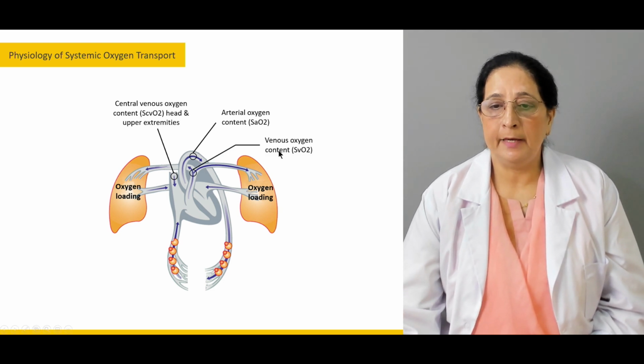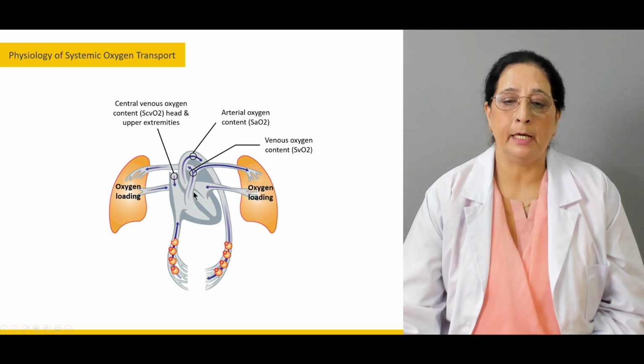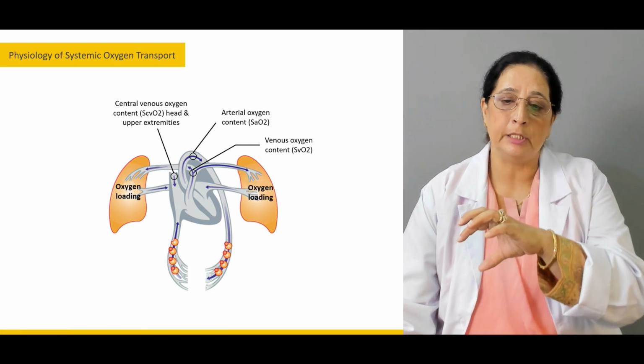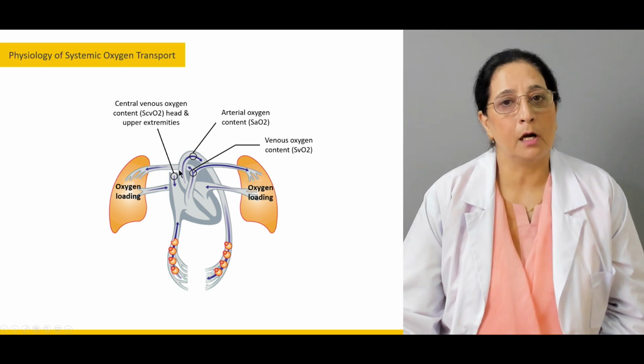Again, this is the venous oxygen content because this is the blood that's going, if you see, to the lungs, and the lungs give the oxygen. So this is again the venous oxygen content.